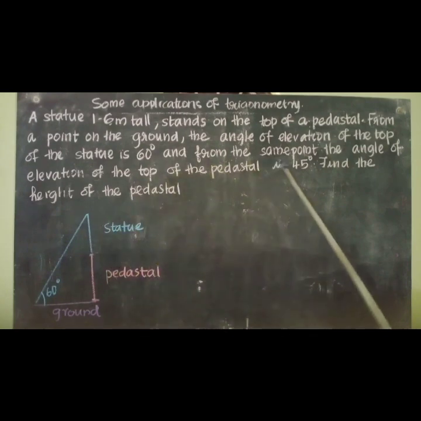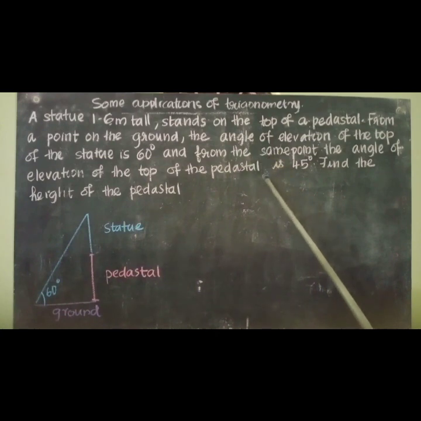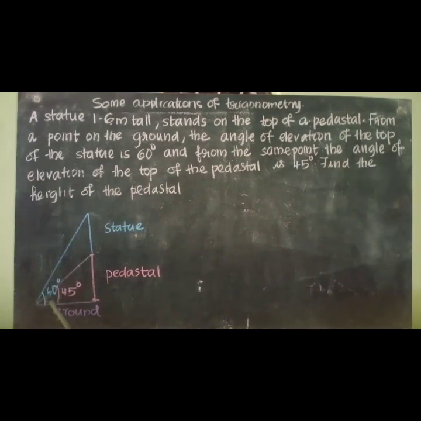Always remember you are marking the angle till the horizontal line. So, this is the pedestal, this one is the statue. A person is on the ground looking to the top of the statue at an angle of elevation of 60 degree and top of the pedestal at an angle of elevation of 45 degree.